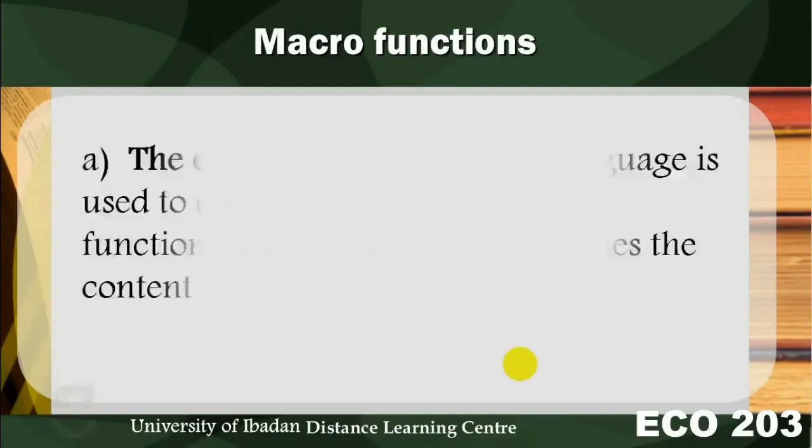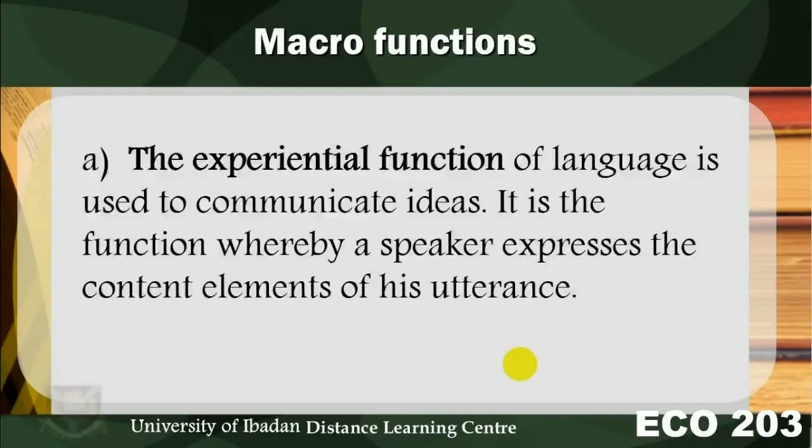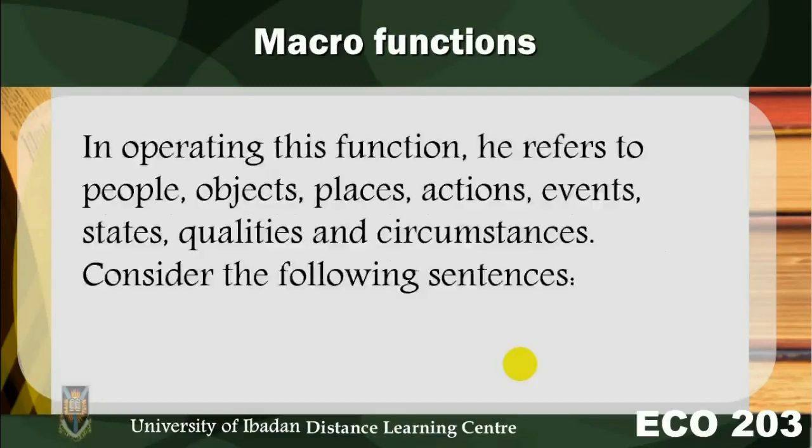Macro functions. A. The experiential function of language is used to communicate ideas. It is the function whereby a speaker expresses the content elements of his utterance. In operating this function, it refers to people, objects, places, actions, events, states, qualities, and circumstances.